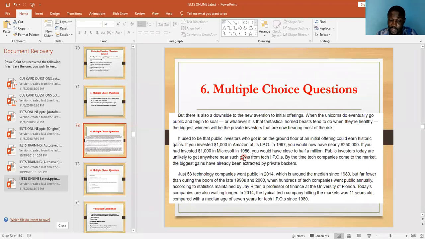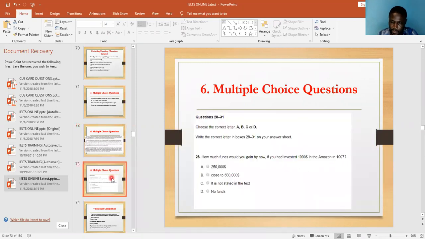This paragraph is about initial public offers. Then it went on and said if you invested $1,000 in Microsoft in 1996. So the main idea is initial public offer, investment, and it also mentioned different companies, Microsoft and Amazon. The question is particularly targeted at Amazon.